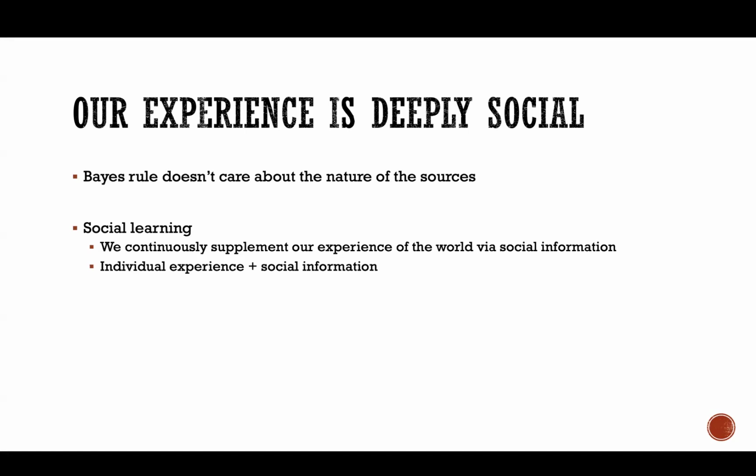And as human beings, we are continuously learning from our social context, but we continuously supplement our experience of the world via social information, the world in which we are born, both in its physical structures and in the way that we learn how to focus on different aspects and what to expect is deeply shaped by social information.